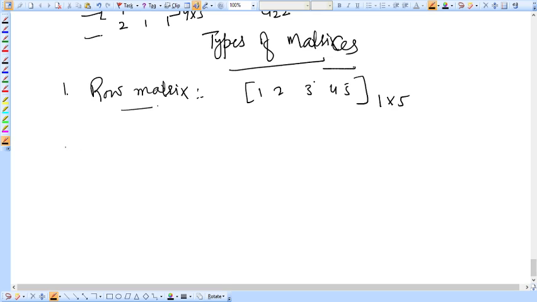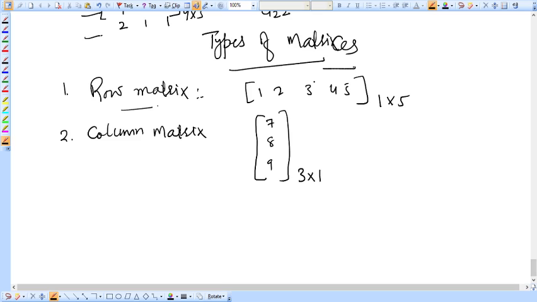This is known as a row matrix. Second, the column matrix. In a column matrix you have just one column and many rows. This is your column matrix. You have 3 rows.